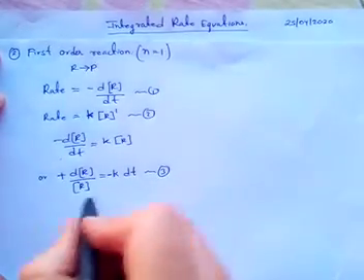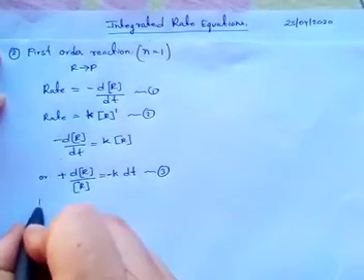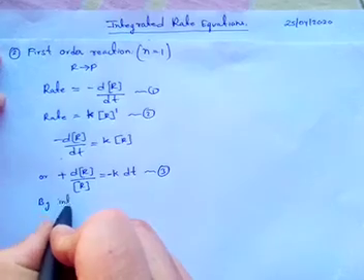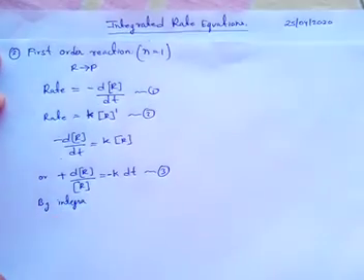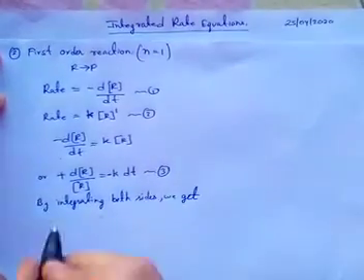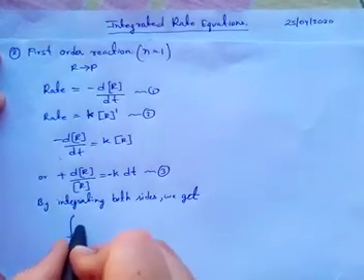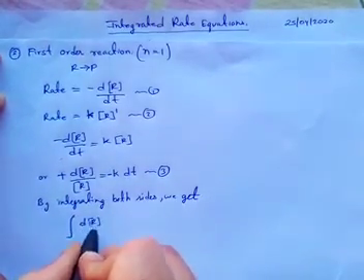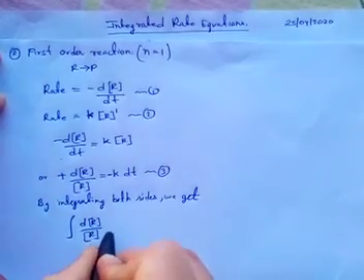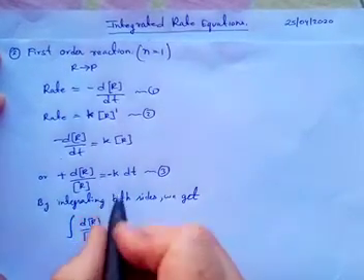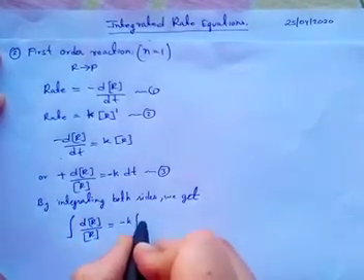Now integrating both sides of the above equation, integration of dR by R is equal to, since k is constant, we take it out, dt.